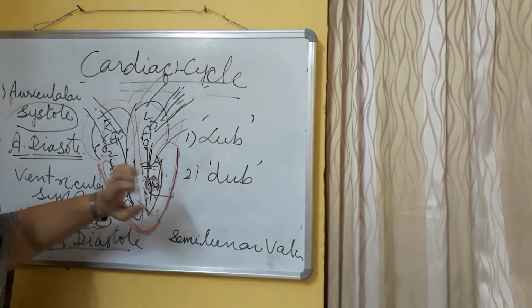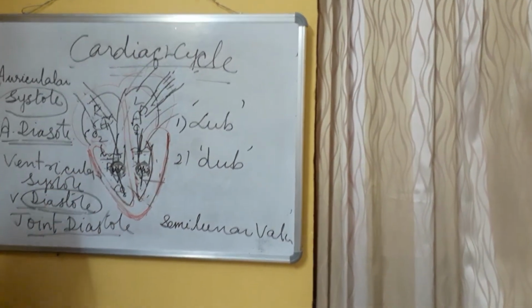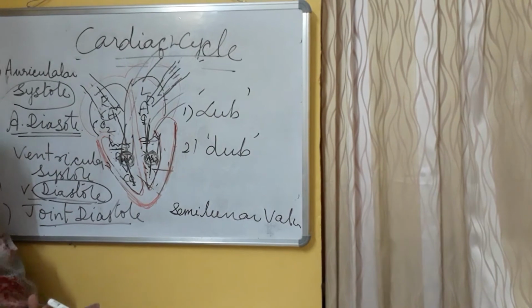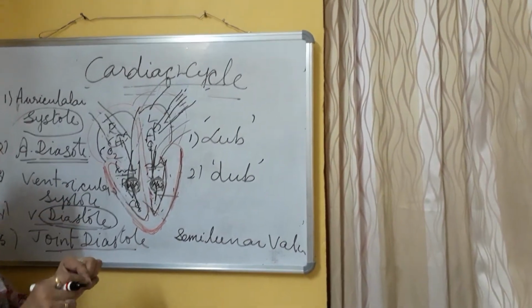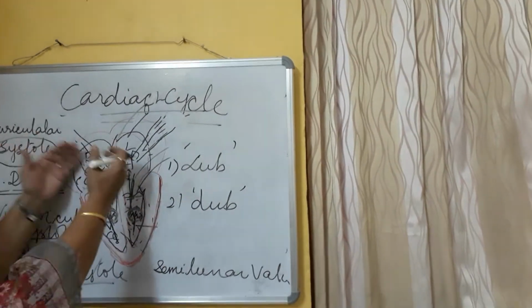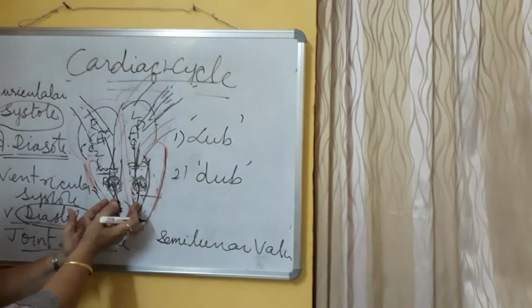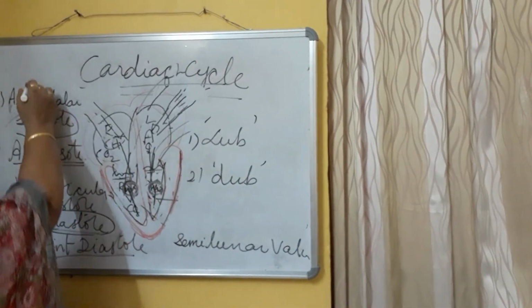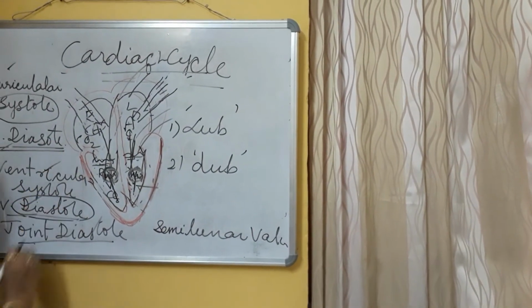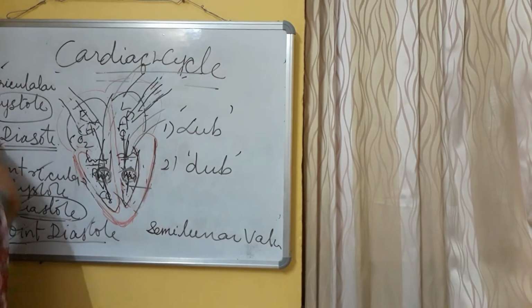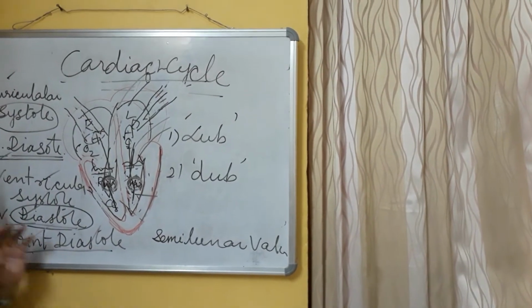So 72 times in 1 minute. What is the pulse? Receiving the blood, sending the blood, again receiving the blood: auricular systole, auricular diastole, ventricular systole, ventricular diastole, joint diastole. This will take just 1 minute.